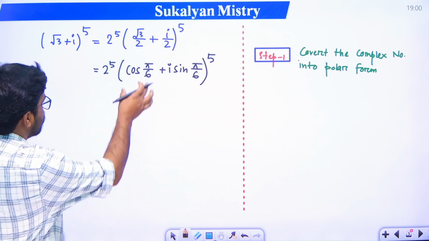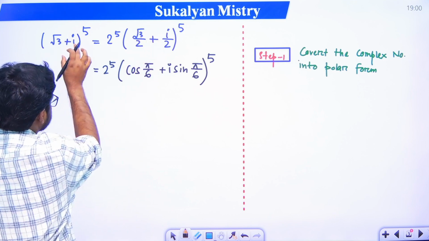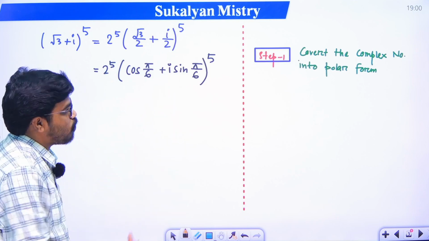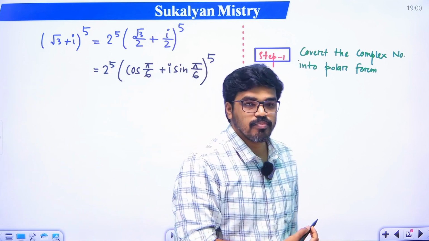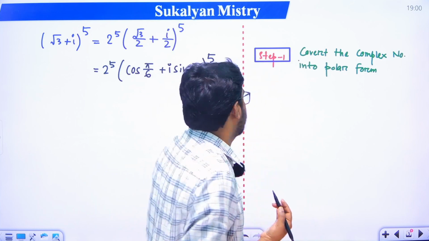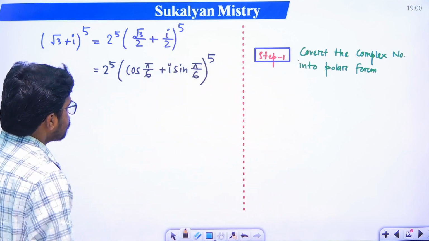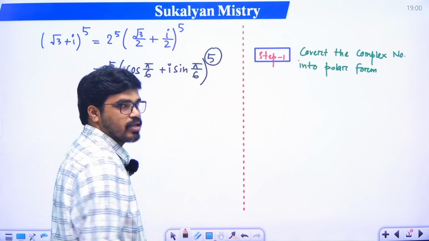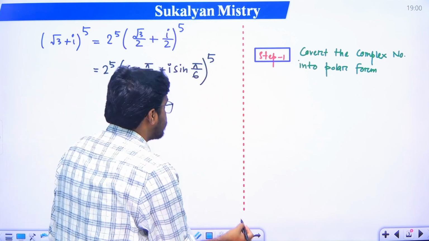So √3 plus i changes to polar form. So step 1, convert the complex number into polar form. Now here the power is an integer, so just apply de Moivre's theorem.